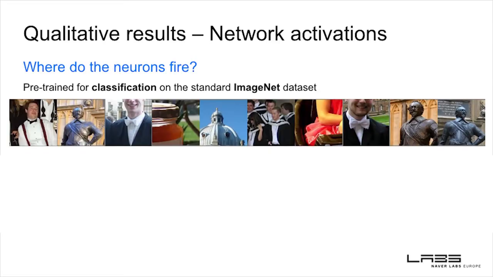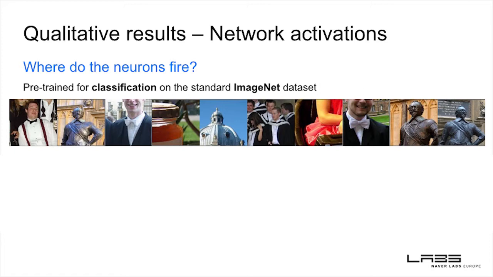Now, this is how it works and how we train. What does it mean to train a network? Why is training for ranking a good idea, and why is training on a landmark dataset a good idea? Let's see visually what it means. So let's look at one given neuron. This is showing the regions in the images that most strongly respond to this one neuron.